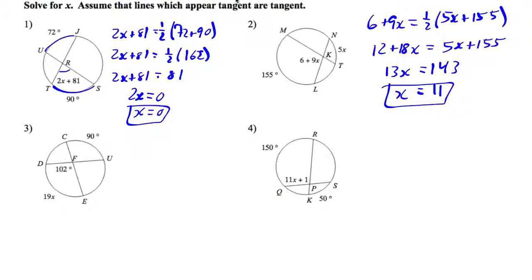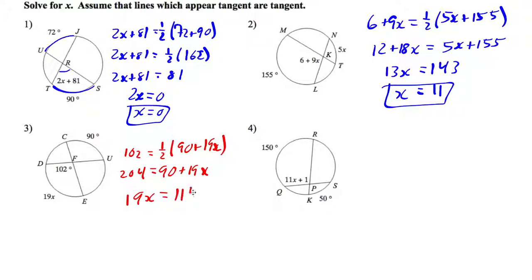For problem 3, we have that 102 is equal to 1/2 of 90 plus 19x. I'm going to multiply both sides by 2 again, so I get 204 is equal to 90 plus 19x. Subtracting, I get 19x is equal to 204 minus 90, which is 114. Dividing by 19, x is equal to 6.